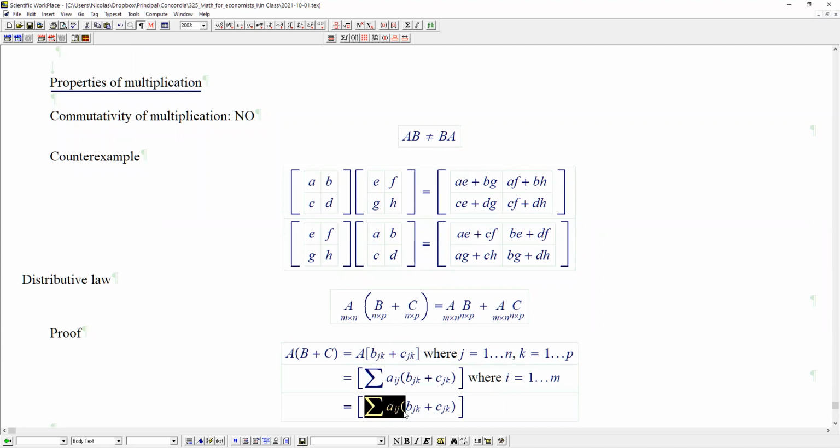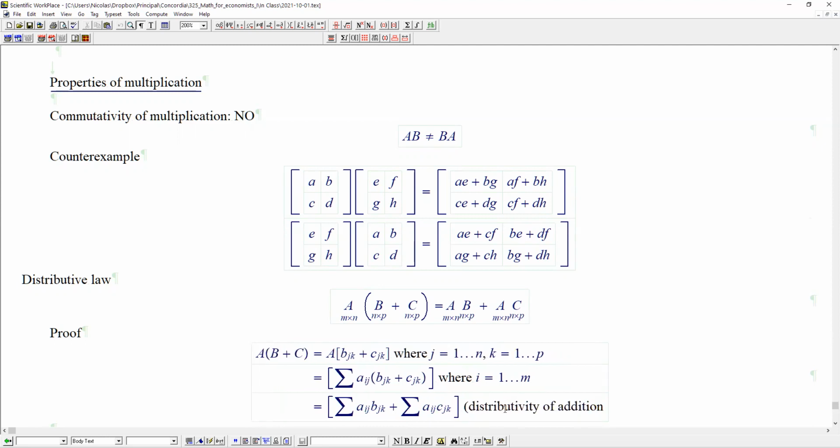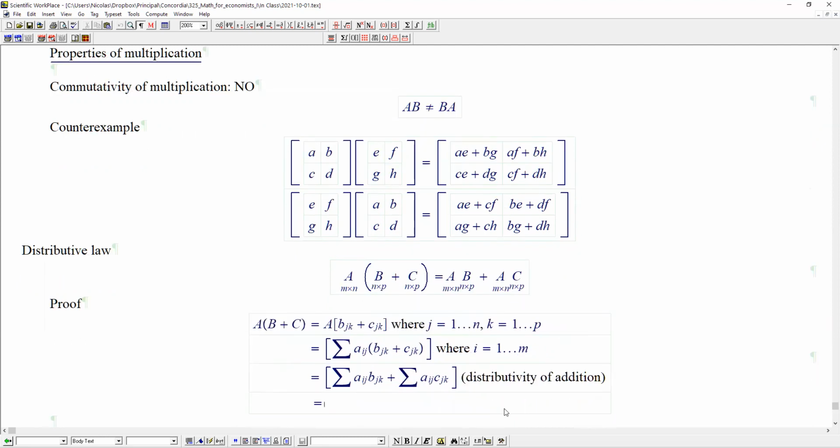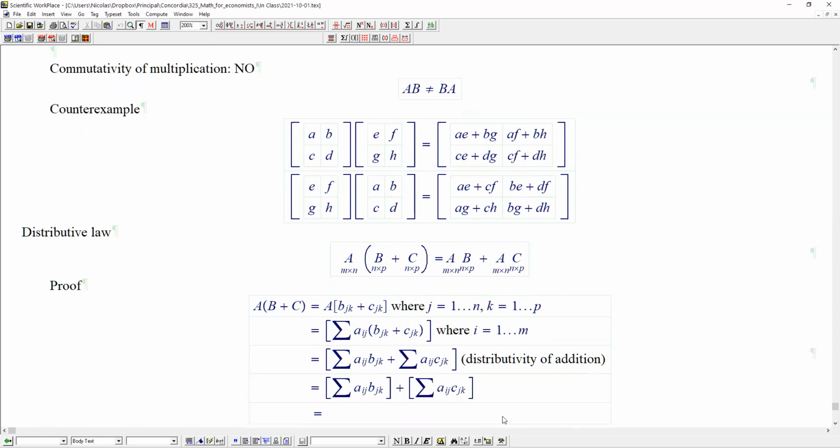So it's equal to this plus this. So this is just an addition of two matrices, and it's, of course, equal to AB plus AC.